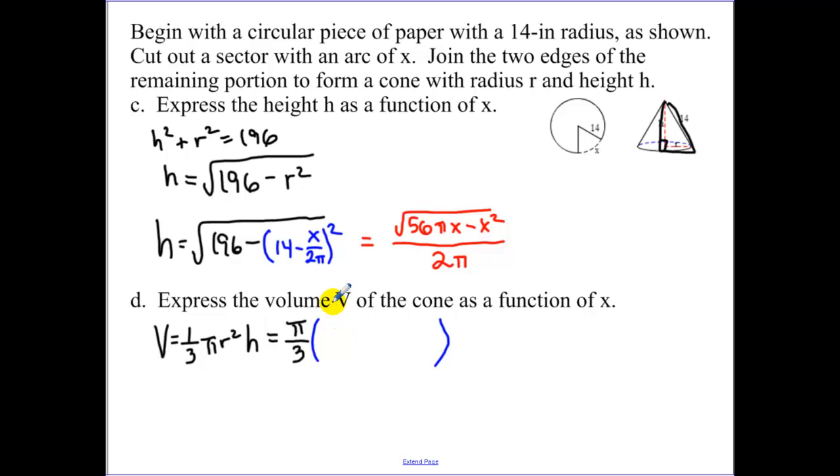For r squared, we have the function (28 pi minus x) all over 2 pi, squared.